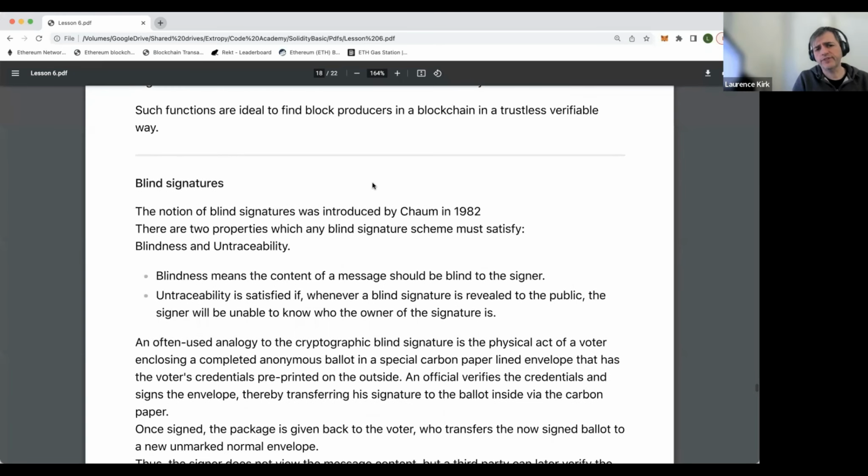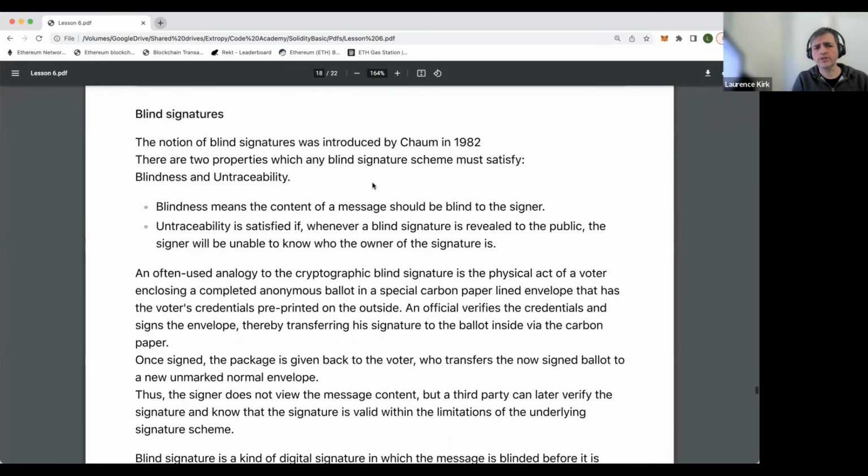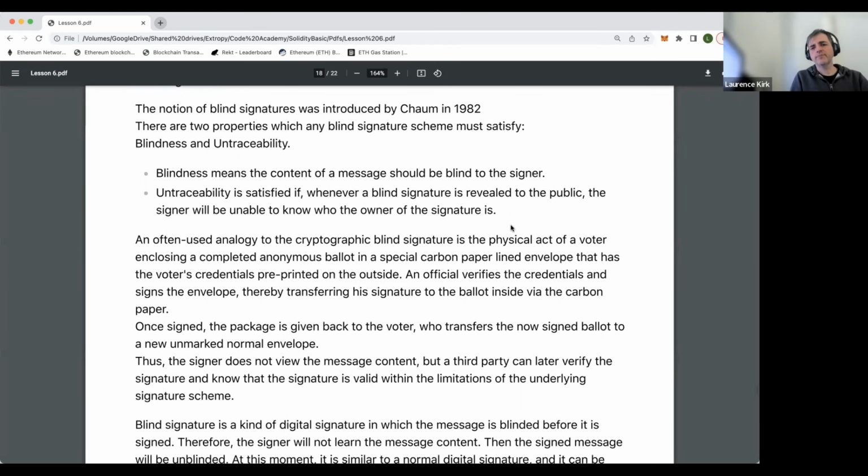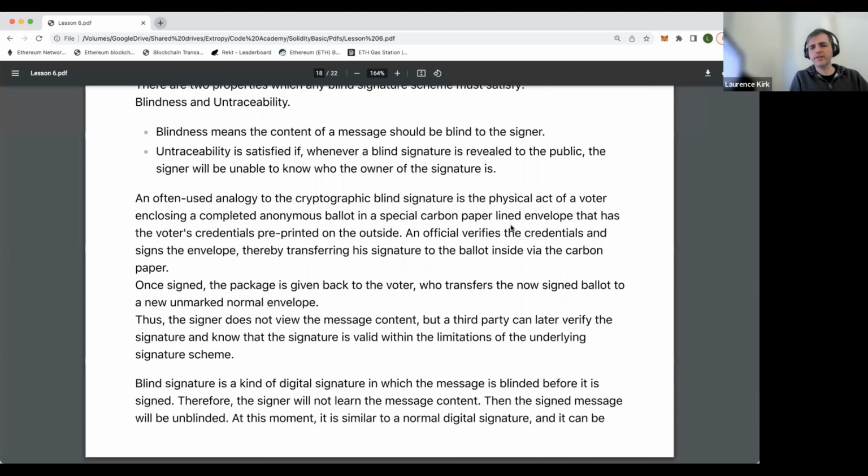Something else you may come across is the notion of blind signatures. David Chaum invented these a long time ago, back when he was working on his ideas of DigiCash, really the early days of cryptography, one of the breakthroughs in cryptography. And these are useful, particularly if you're thinking about voting systems.